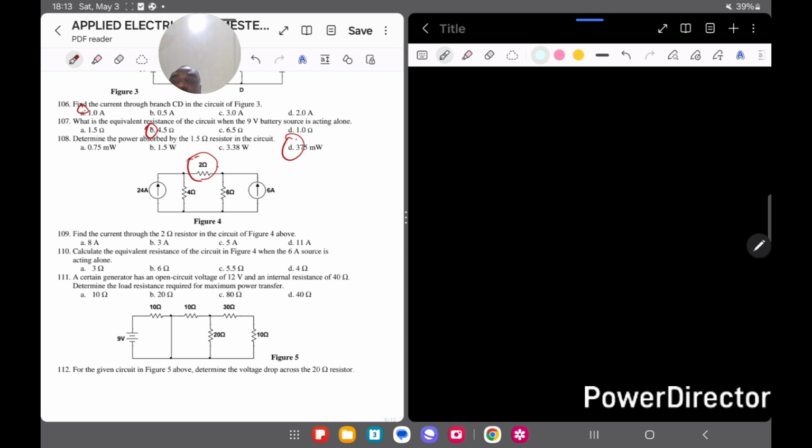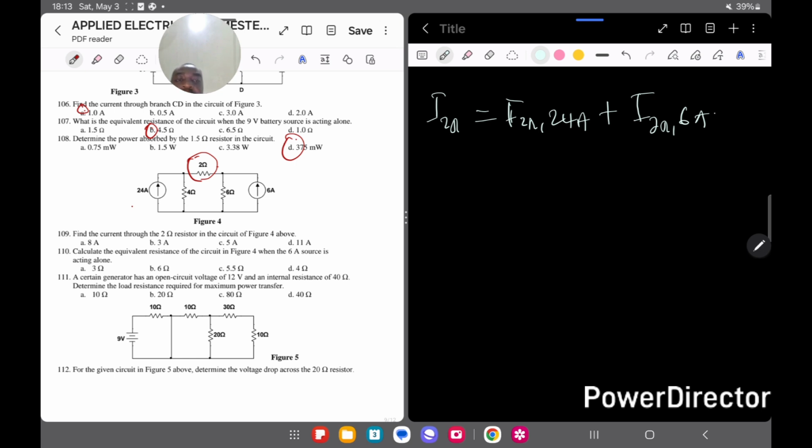You can see now we have 2 sources, but they are current sources. When it comes to turning off a current source, we make it open circuit. So the current passing through the 2 ohms is equal to the algebraic sum of the current due to each of these current sources acting alone: the current due to 24 amps acting alone plus the current due to 6 amps acting alone.